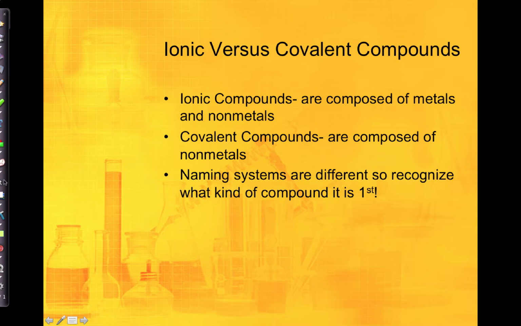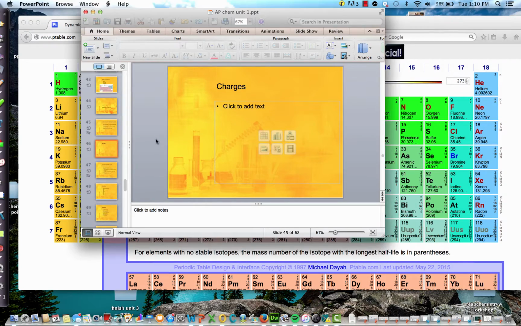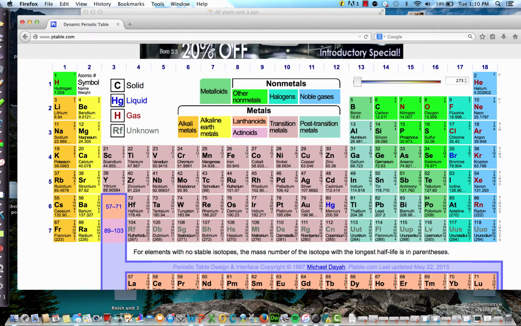Alright, so let's look at something else. Okay, so charges. When you're looking at ionic compounds, you have a nonmetal and a metal. Well, metals like to give up electrons, so these materials will give up electrons to become positively charged, and then nonmetals will gain those electrons to become negatively charged.